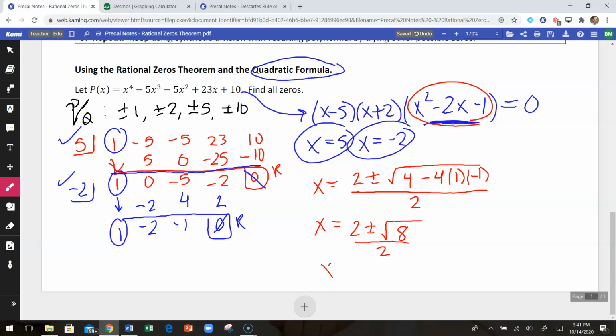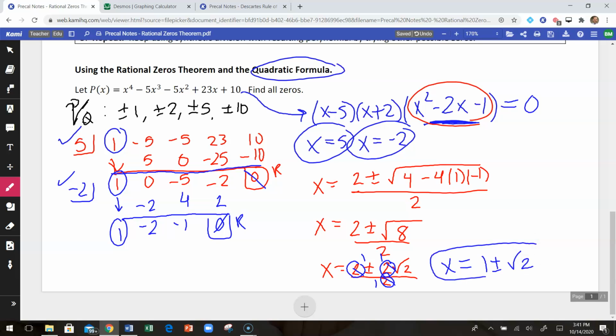I'm going to go ahead and simplify the square root of 8. The square root of 8 is 2 square roots of 2. And now, because I have common factors here, here, and here, I can reduce those all to being 1s. And I get that x equals 1 plus or minus the square root of 2.